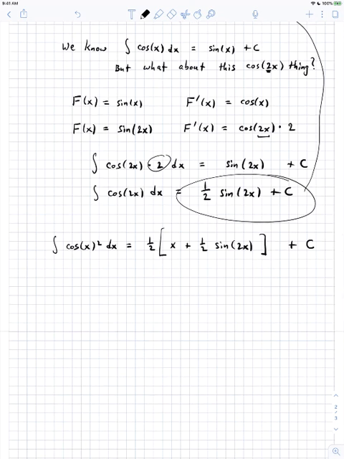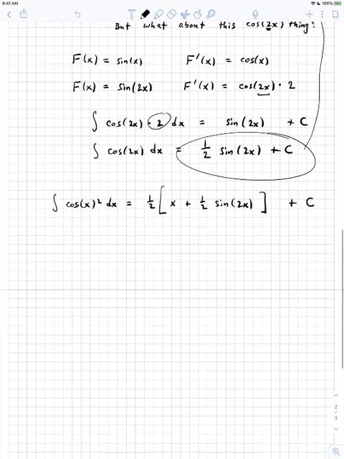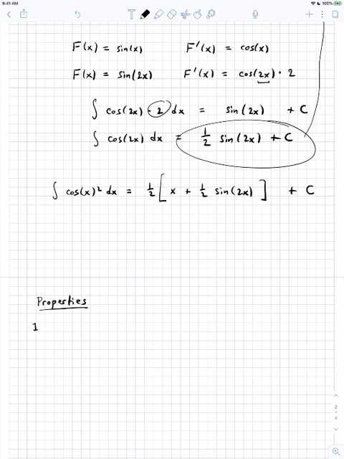Now here we've used various properties. For example, let's write some of these down. The first one that we used is that the integral of the sum is the sum of the integrals. This is true because it's true for derivatives.